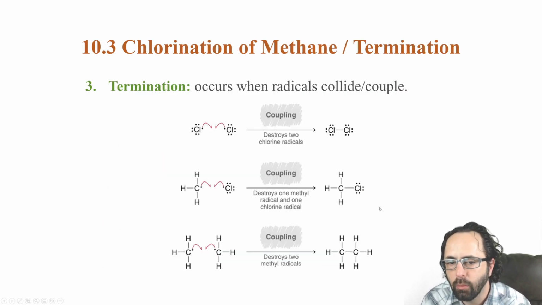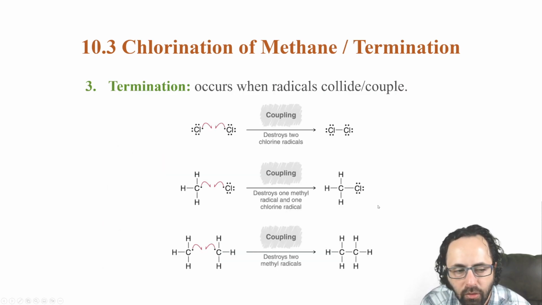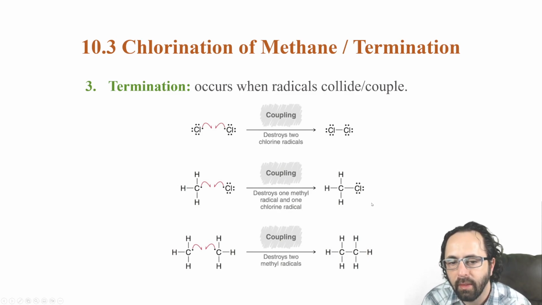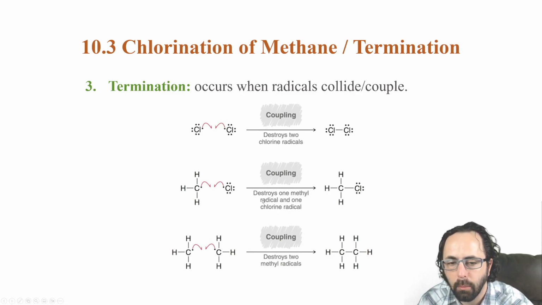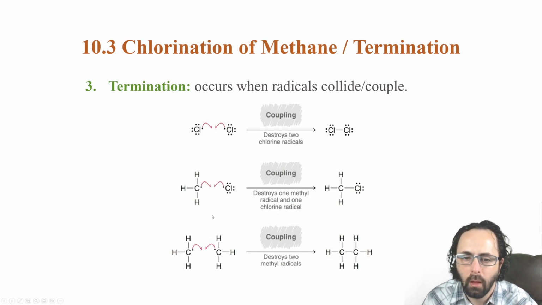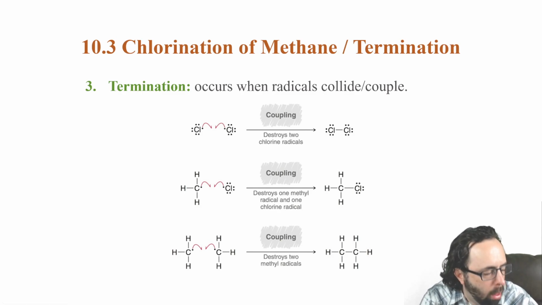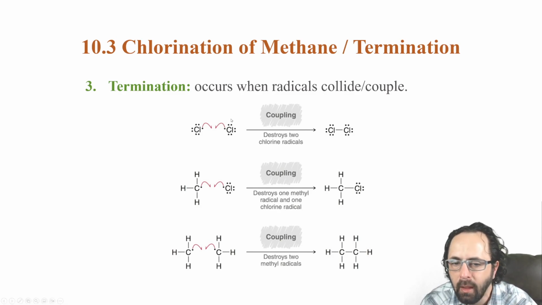Finally, the reaction will end when the radicals are quenched or when they couple and are no longer present. There were two radicals produced in this reaction: chlorine atom radicals and methyl radicals. So any of those could couple. If two chlorine atoms encounter each other, they can couple to recover the chlorine molecule.